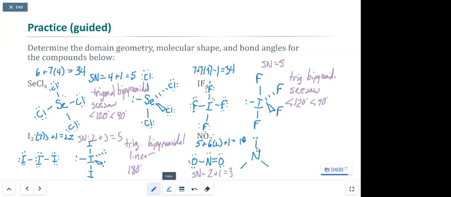We can put it wherever we want. Usually out of convention, we put it up top. Now to evaluate the shape, we're starting with trigonal planar. This extra lone pair is going to affect that shape.